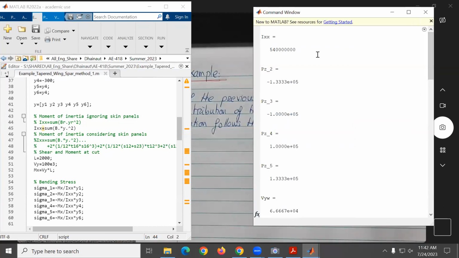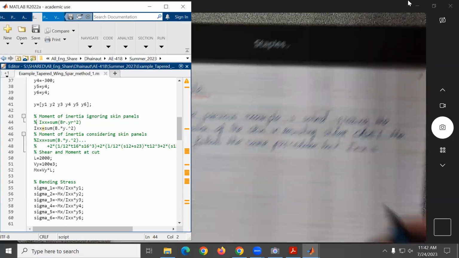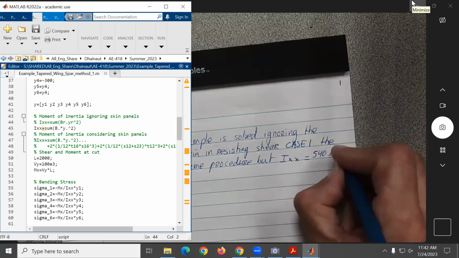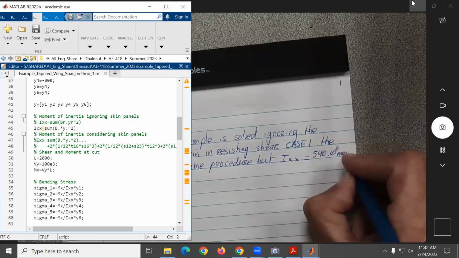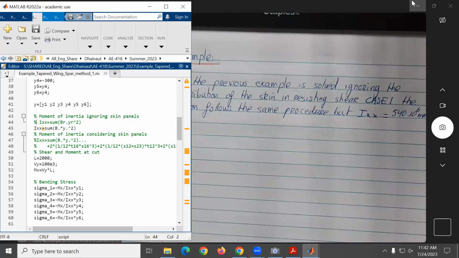Let's put on top. IXX would be 1, 2, 3, 4, 5, 6. So 540, 10 to the 6 millimeters to the 4th. Okay.